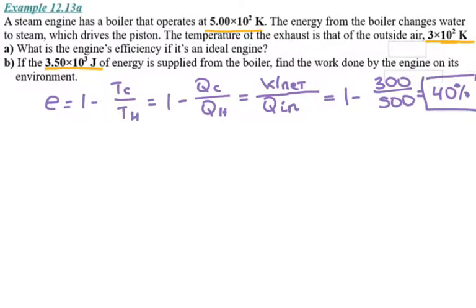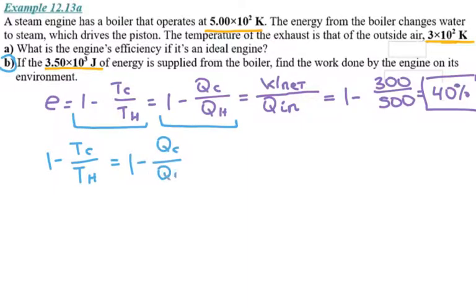For the next question they ask if 3,500 joules of energy is supplied, so that is the heat. So the heat is given, and I can use these two equal to each other to solve for Q cold. So I have 1 minus T cold over T hot is equal to 1 minus Q cold over Q hot, and the 1 is going to be cancelled. So I have T cold over T hot is equal to Q cold over Q hot.